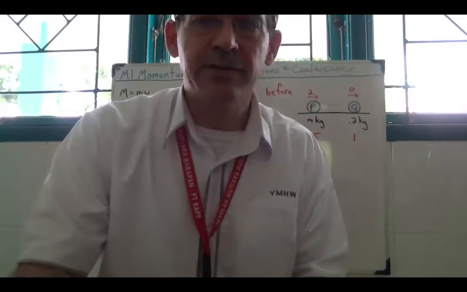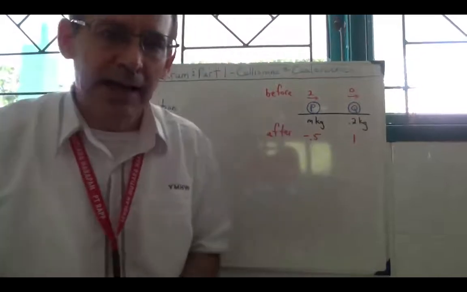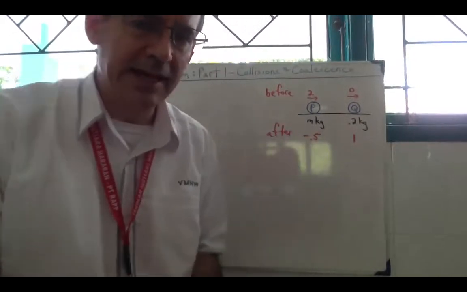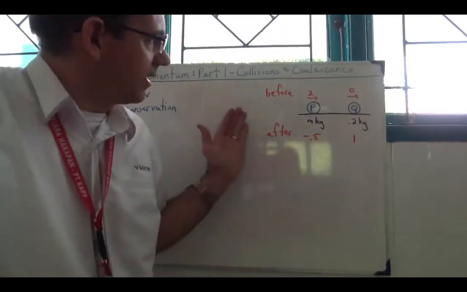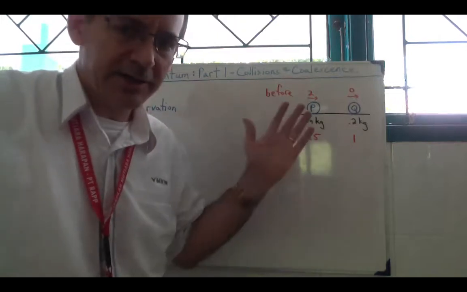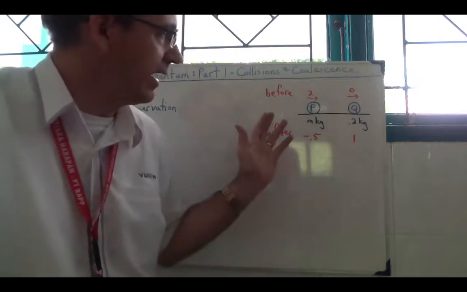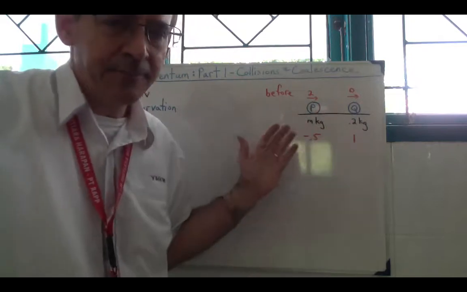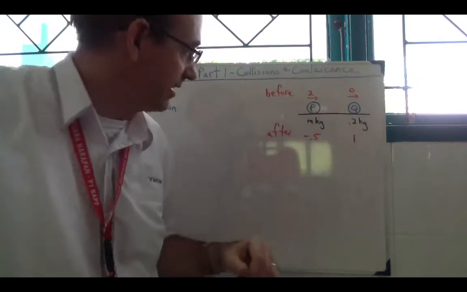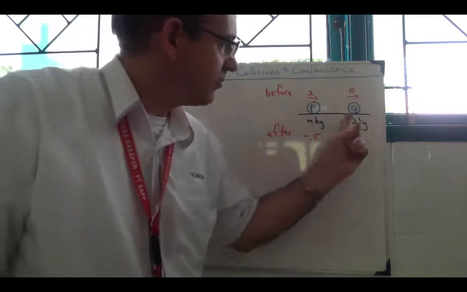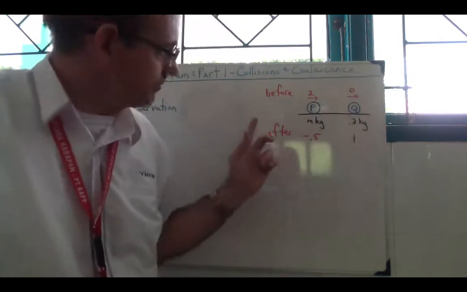So let's go back to the board. Remember, as always with mechanics, you want to draw a good diagram. This diagram isn't complicated, but you want to have a diagram so that you can put your information together. So we have a smooth horizontal plane.